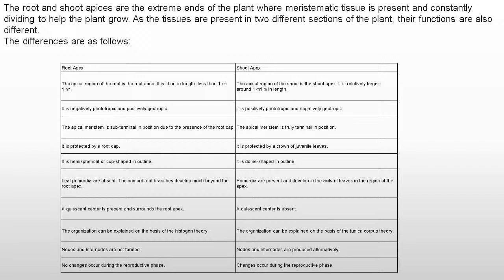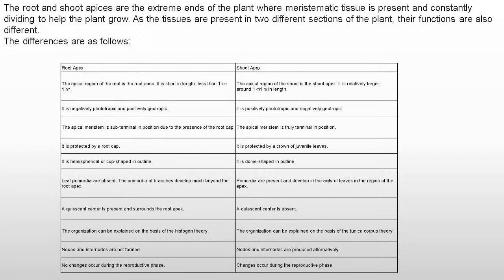Please remember, the apical region of the root is the root apex, which is short in length, less than 1 millimeter, whereas the apical region of the shoot, which is called the shoot apex, is relatively larger, about 1 centimeter or more in length.